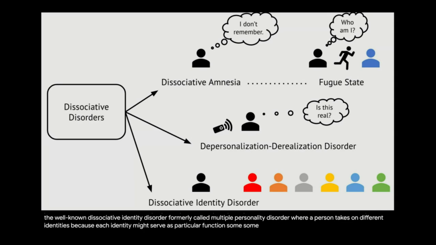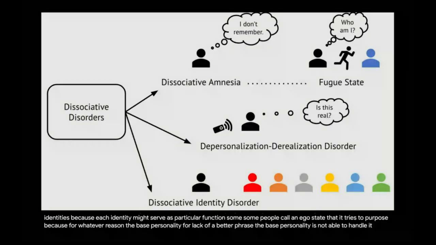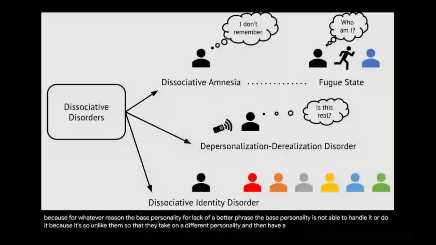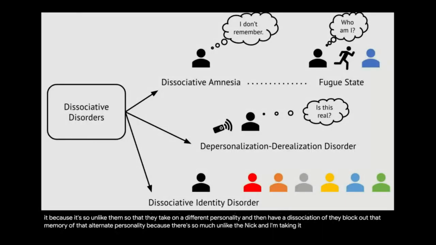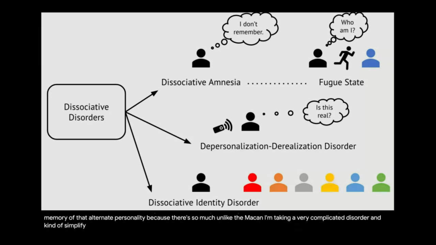Some people call it an ego state that tries to serve a certain purpose, because for whatever reason, the base personality is not able to handle it or do it because it's so unlike them, so they take on a different personality and then have a dissociation. They block out that memory of that alternate personality because it's so unlike them. Again, I'm taking a very complicated disorder and simplifying it here.